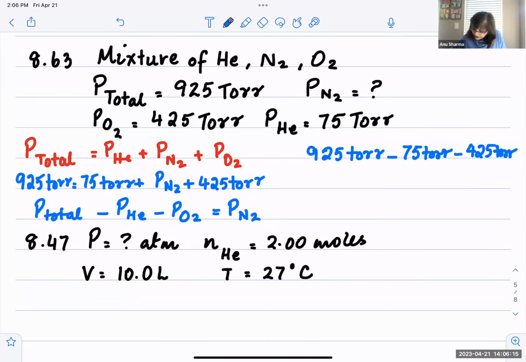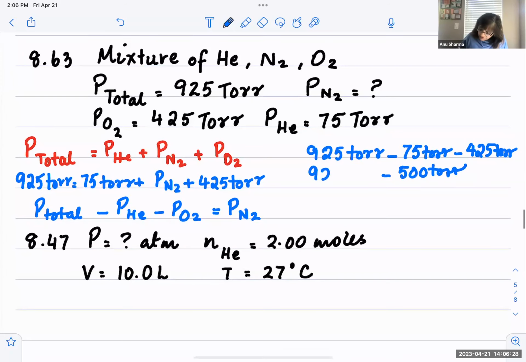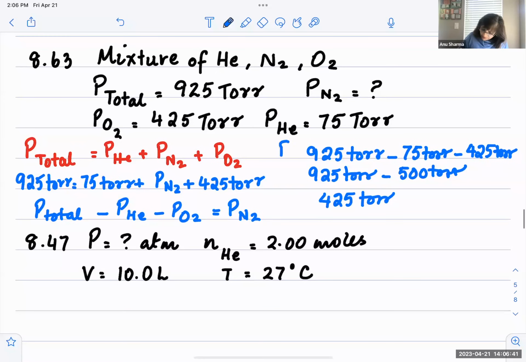Let's see what we get here. 425 plus 75 is equal to 500, but negative. So 925 torr minus 500 torr gives you 425 torr. And that is the partial pressure of nitrogen, PN2.